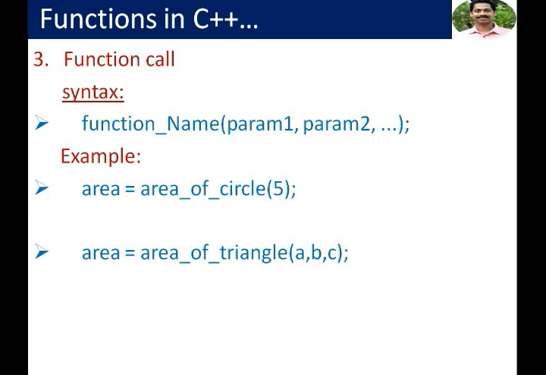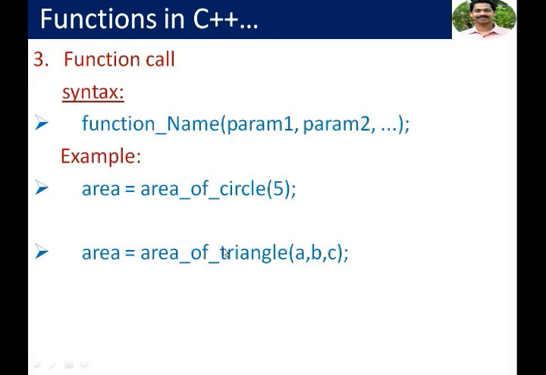Every function call is a substitution. If a function returns a value, that returned value will be substituted at the function call. Here area of triangle will be substituted. Here area of circle will be executed. So that area will be transferred to the variable area.